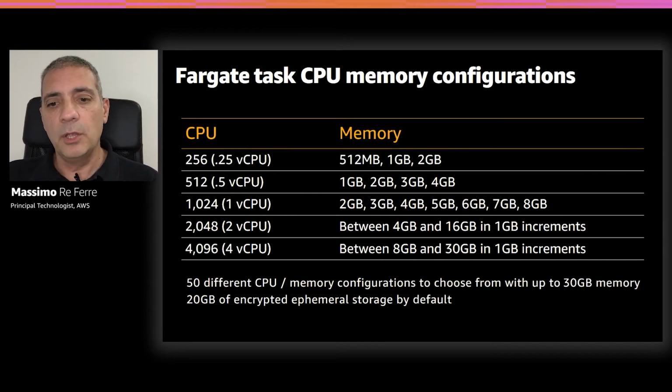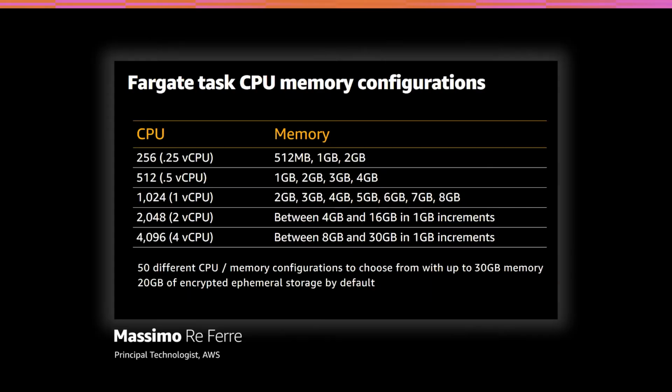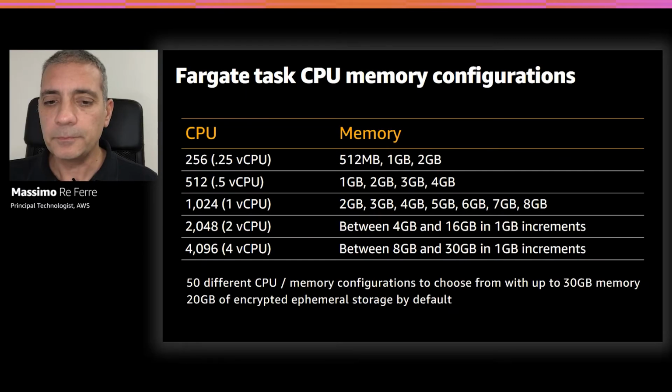This is where you can pick the right size of the CPU with the right size of memory for your specific workload. This is how we combine these two dimensions into a task size. And we have over 50 of these combinations that are available for use.